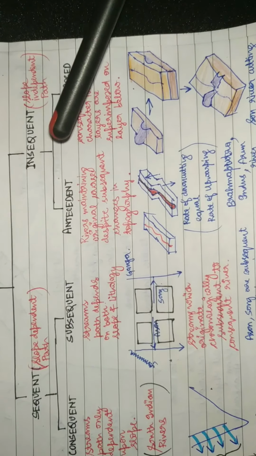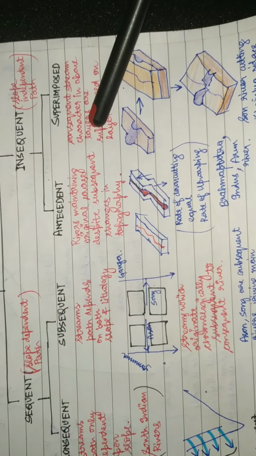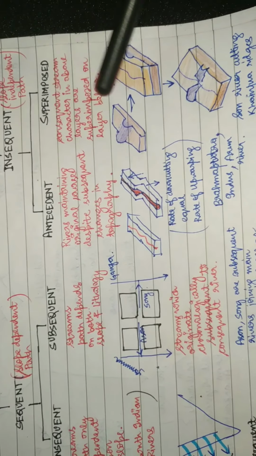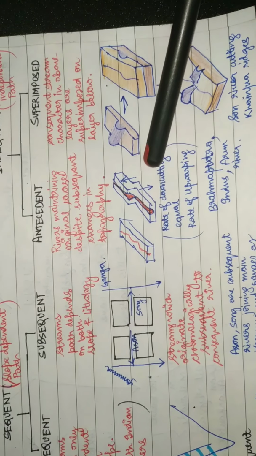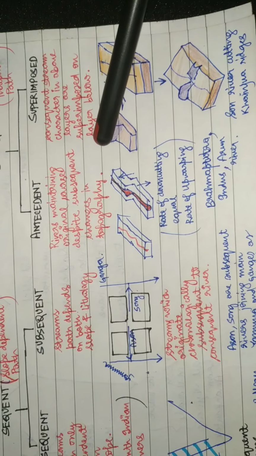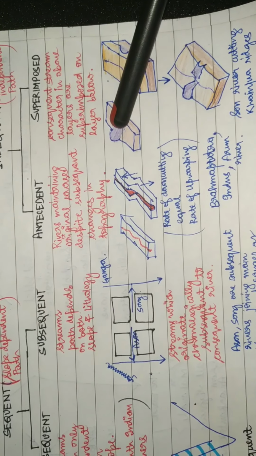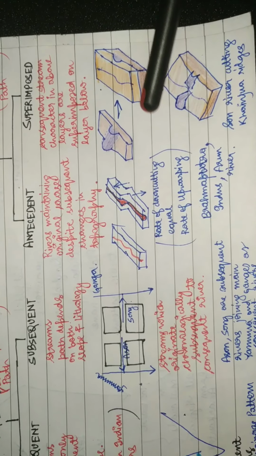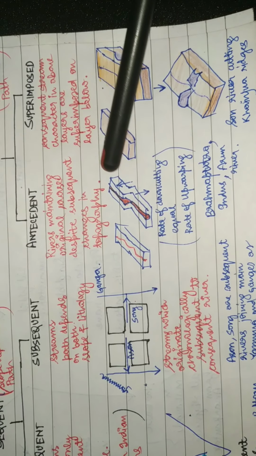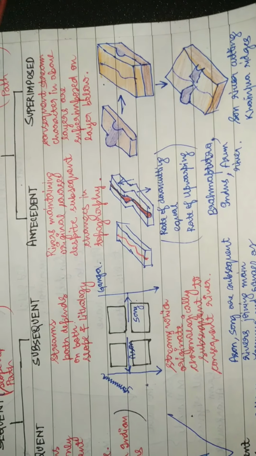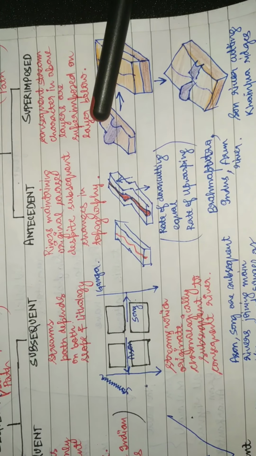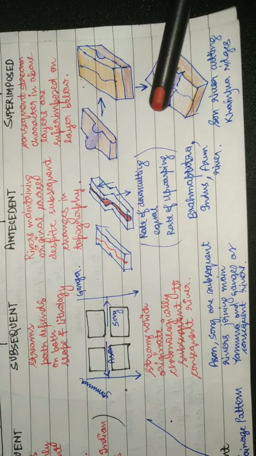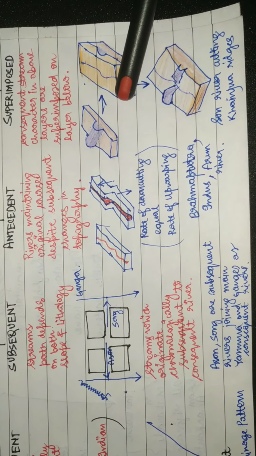Now, the superimposed river is when the consequent stream character in the above layers is superimposed upon the layer below. What's the meaning? Let's see. Suppose this is the land and this violet region is a hard rock. After millions of years, this complete land was submerged under loose unconsolidated sediments. After this deposition, a river starts to flow.